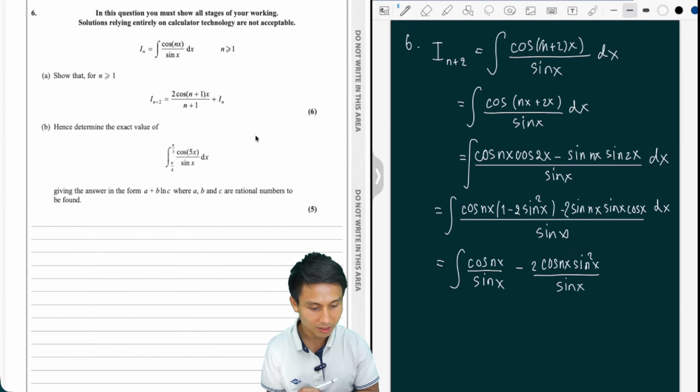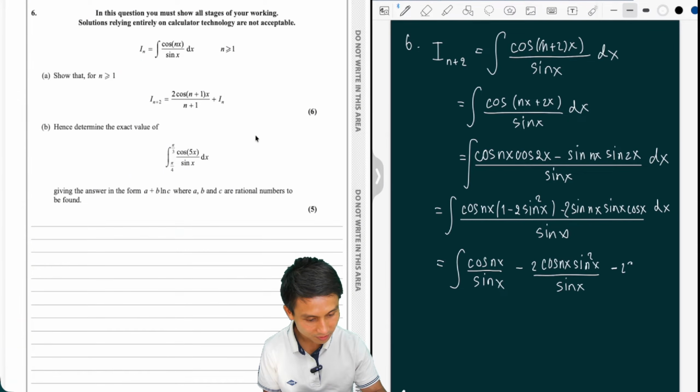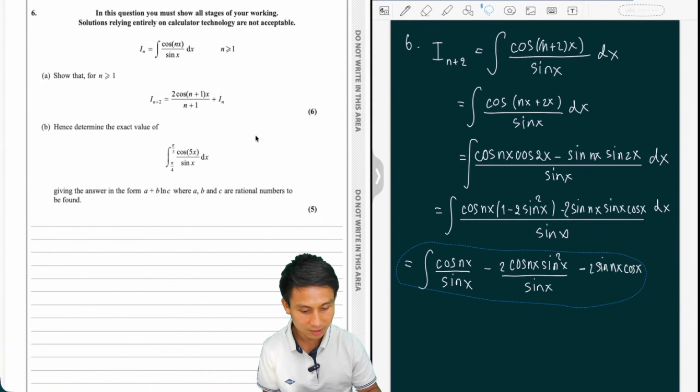And the last term will be minus, let's also simplify, so I'm just going to get 2 sine nx and cos x. Of course, there's always a dx here.